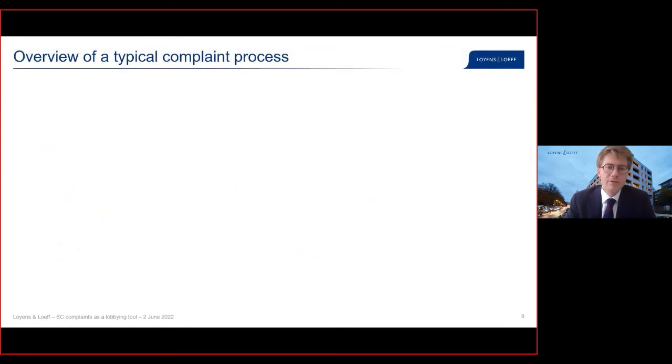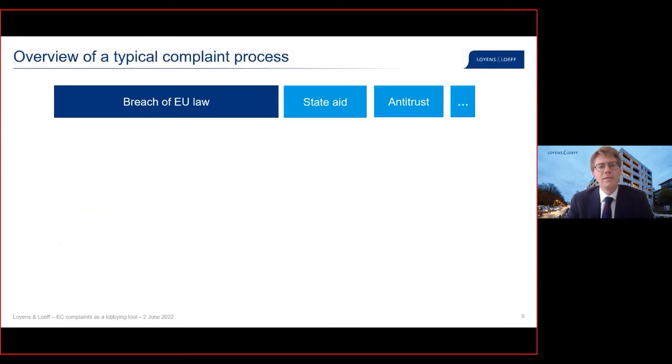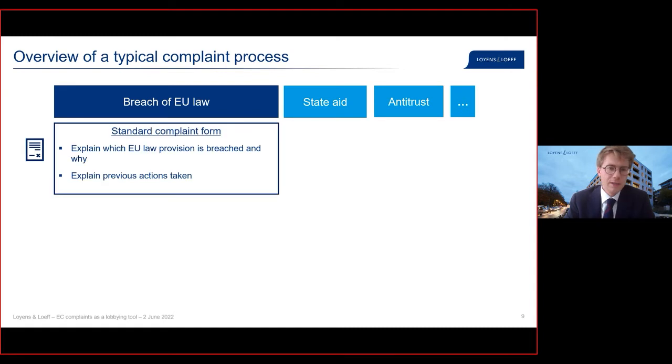Going to the process of complaints, we should make a distinction between the general complaint for breach of EU law, which is a catch-all complaint form, and the other types of specific complaints. The most known specific types of complaints are state aid complaints and antitrust complaints.